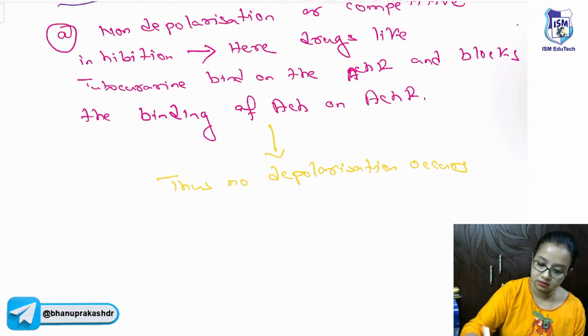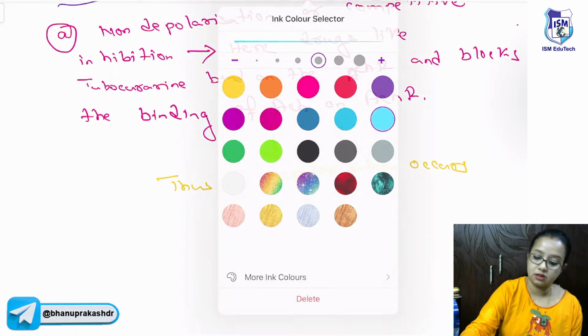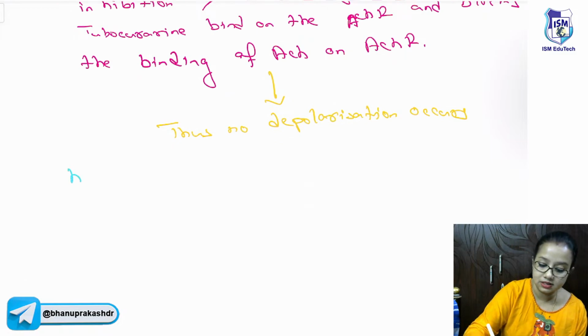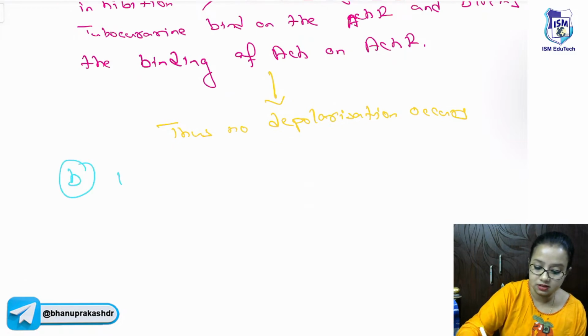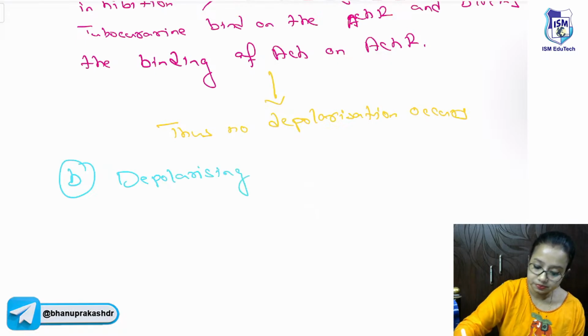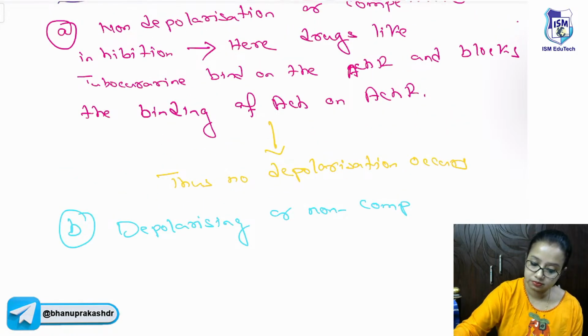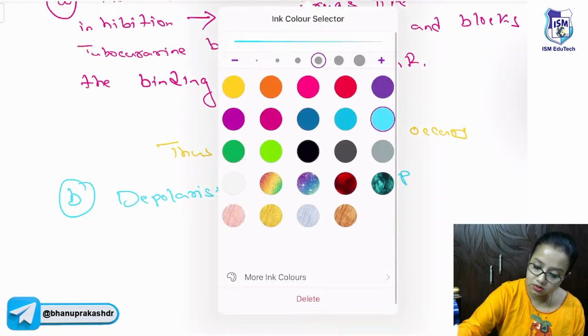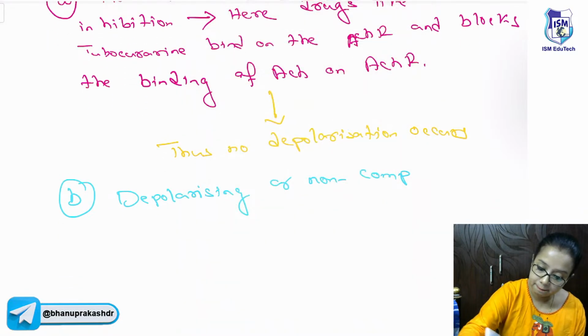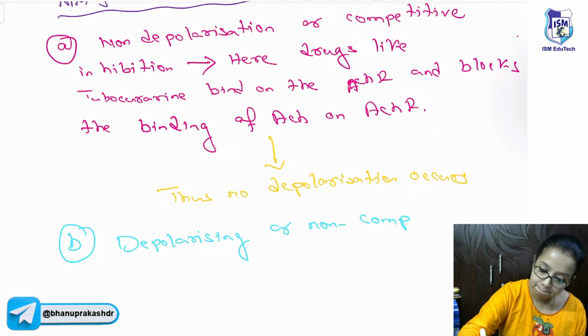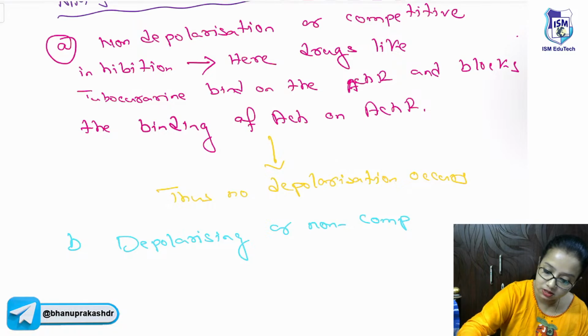This is one. The second type is the drugs that mimic the function of acetylcholine, which is depolarizing, not non-depolarizing. The non-depolarizing was a competitive inhibition. Now, non-depolarizing will not happen here.